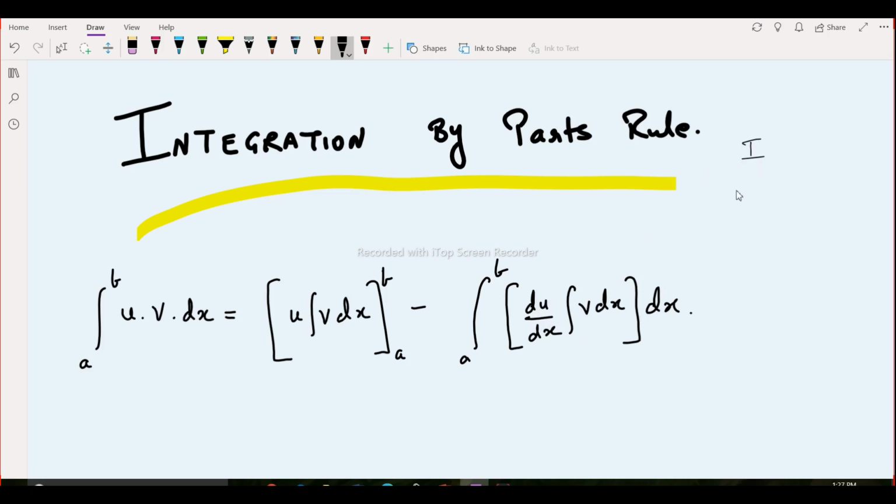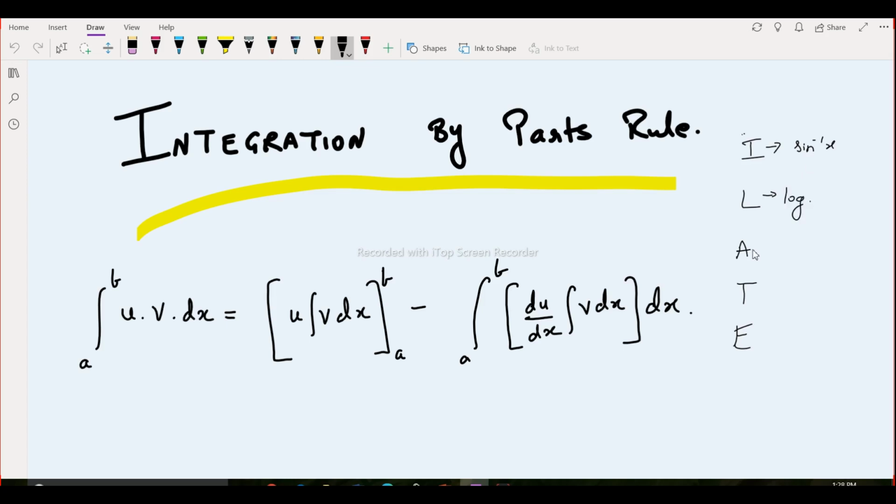You use ILATE as your benchmark, so you just have to make sure that the one which comes first out of the two functions in ILATE will become u and the other one will become v. So I, as we know, is for inverse, and for inverse you have sine inverse, cos inverse, tan inverse. L is for log, ln x, right?